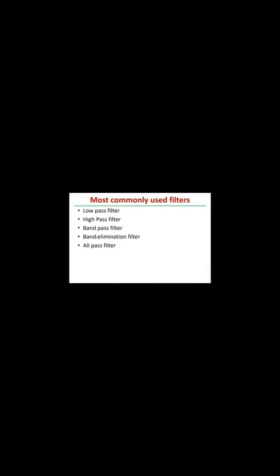The most commonly used filters are the low pass filter, high pass filter, band pass filter, band reject filter, and all pass filter. Each of these filters uses an op-amp as the active element, and resistors and capacitors as passive elements.